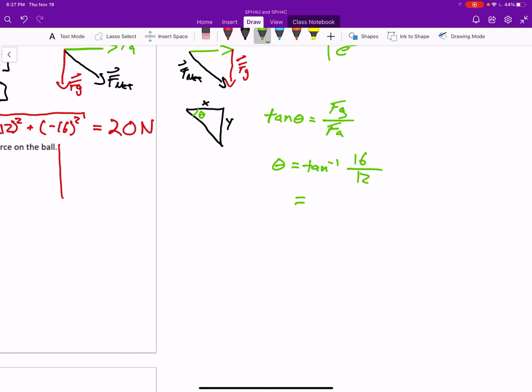So 16 divided by 12 equals that. Where's my tan inverse? My shift, tan inverse. So that gives me 53.13 degrees. Let's just call that 53 degrees. So my net force is 20 newtons, right 53 degrees down.